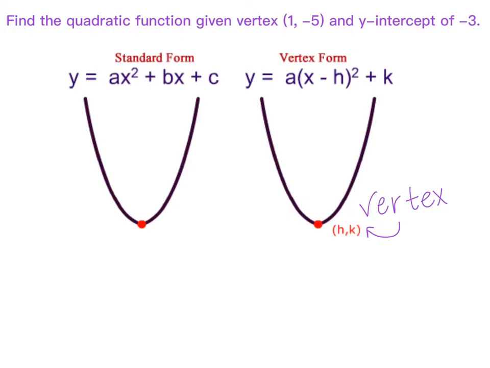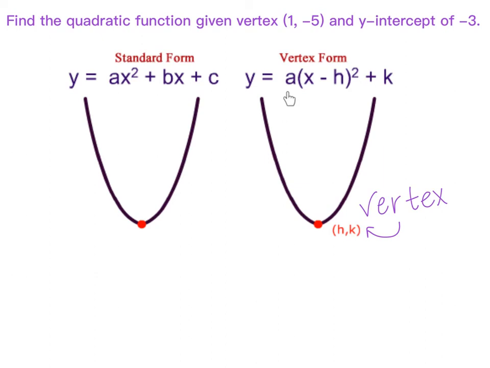One last thing I can do is find the quadratic function or the equation given the vertex and another point, or the y-intercept in this example's case. What we're going to need for this is the vertex form of the parabola, or the quadratic. The standard form is ax squared plus bx plus c, but the vertex form takes into account the vertex, which we're going to call h comma k.